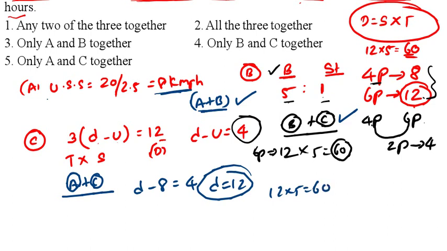So we get the answer by using A plus B, or B plus C, or A plus C. So any 2 of the 3 statements is sufficient. Any 2 of the 3 statements means option 1 is the correct answer.